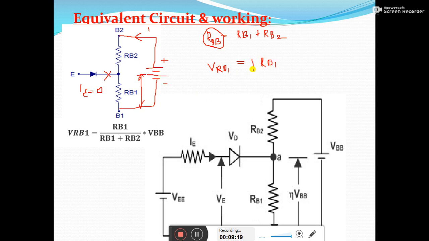What is the value of I here? Again from Ohm's law, I will always be equal to V divided by R. We have applied a potential of VBB across these two, so V will be equal to VBB, and R is the equivalent resistance of the circuit, which is the sum of these two resistances connected in series, that is RB1 plus RB2.